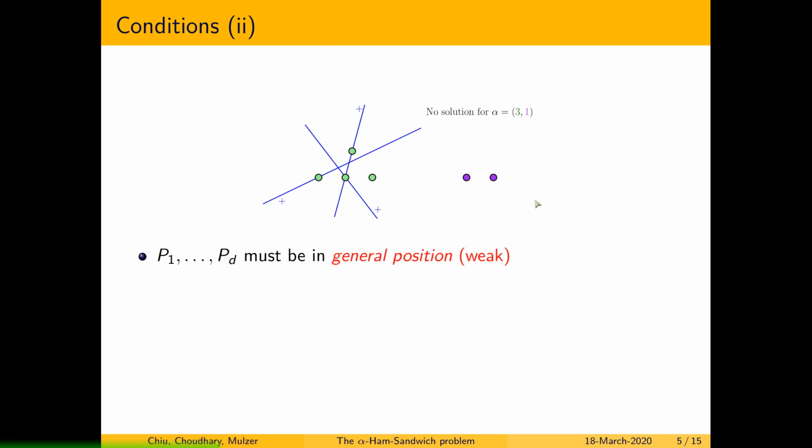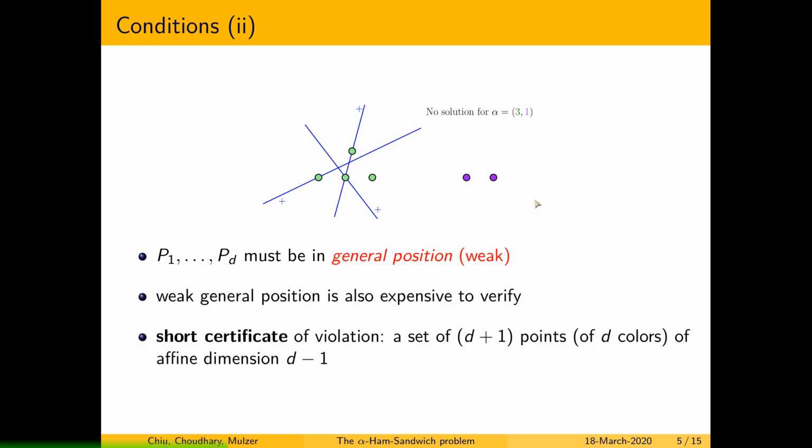In fact, the point sets must follow some weak version of general position. This is also quite expensive to verify, similar to the well separation property, but there is a short certificate of violation, simply a subset of d plus 1 points of affine dimension d minus 1. In fact, the condition that they must be of d colors is what makes this a weak general position.